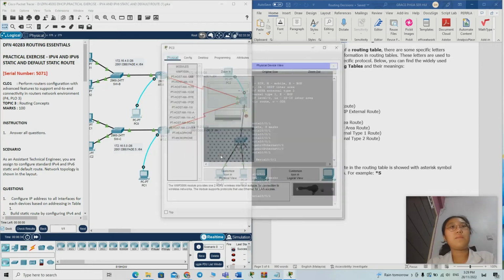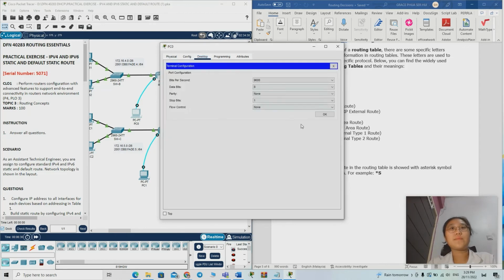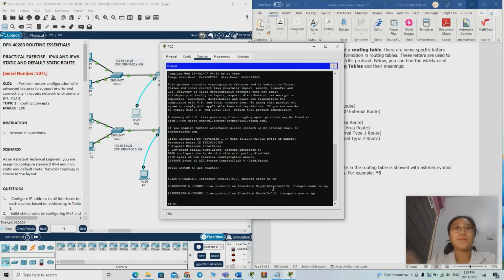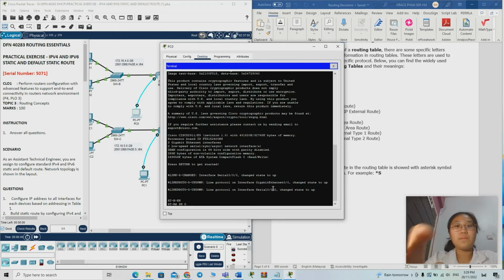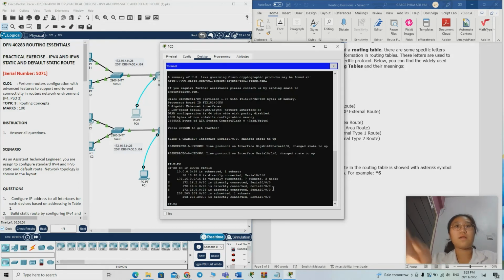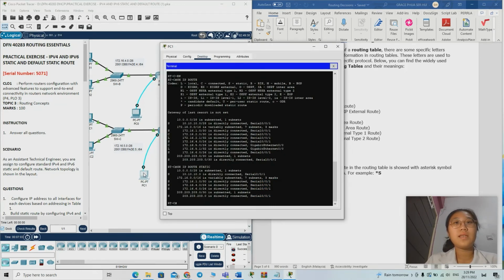Let's see RTB. Show ip route static. So still the same, but 5 static routes are configured, and the difference from RTC is that the outgoing interface is S0/0/0, while RTC's is S0/0/1.